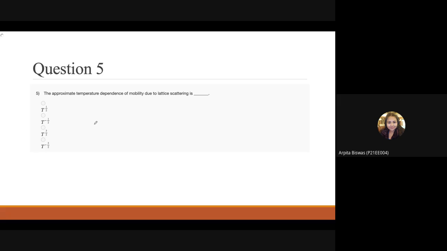I think all of you know this answer. The approximate temperature dependence of mobility due to lattice scattering is: option A is T to the half, option B is T to the minus half, option C is T to the 3 by 2, and option D is T to the minus 3 by 2.